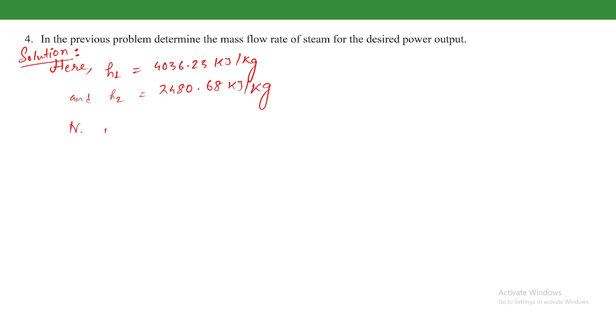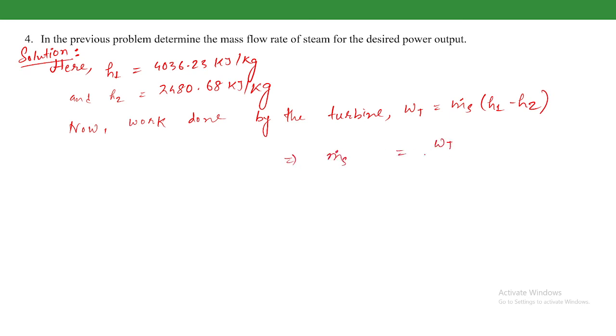Therefore the work done by the turbine, Wt, is equal to the mass flow rate of the steam multiplied by H1 minus H2. So the mass flow rate of the steam is the total work done by the turbine divided by H1 minus H2.